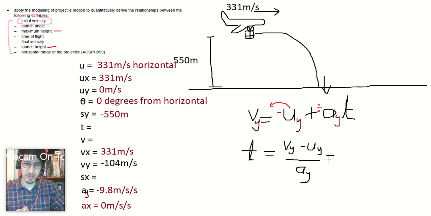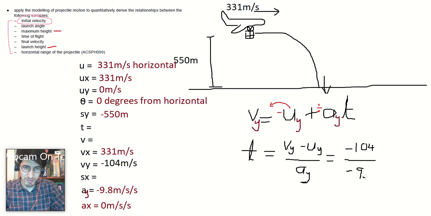And that's simply putting in the numbers. I'll write them up. vy is negative 104. uy is 0, so negative 104 minus 0 is just negative 104, divided by ay, which is negative 9.8.